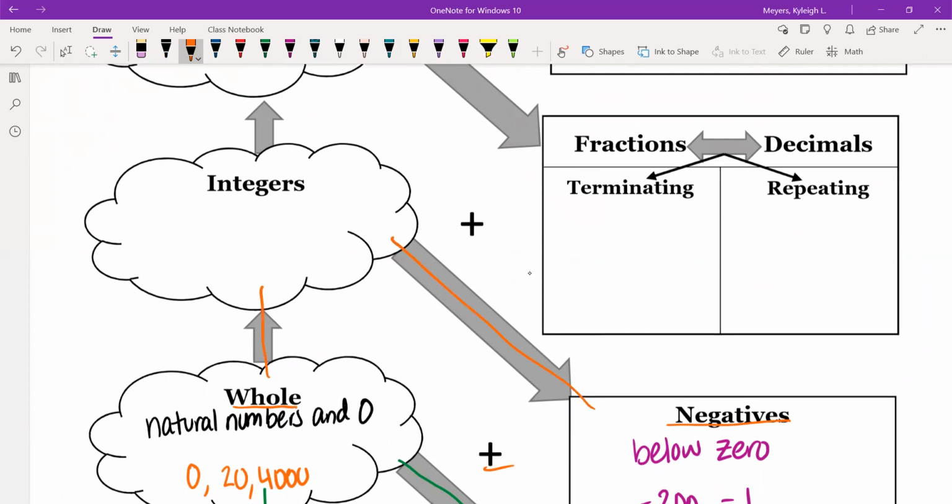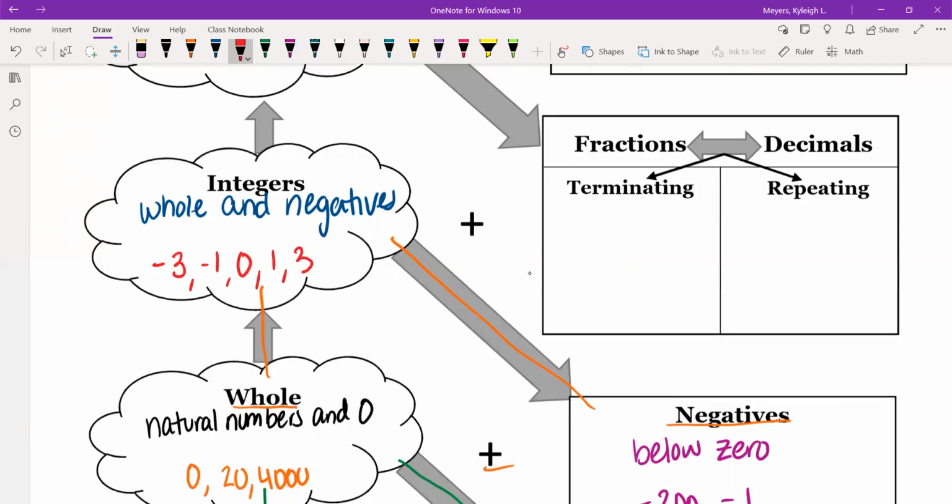So whole numbers and negatives. Examples would be like negative 3, negative 1, 0, 1, 3. So they're whole numbers and negative whole numbers.